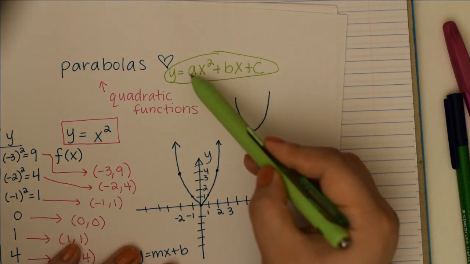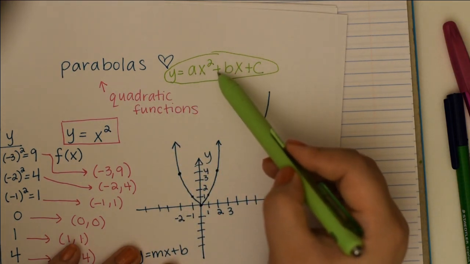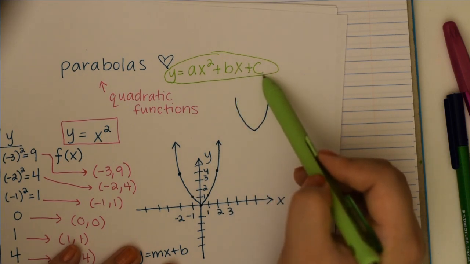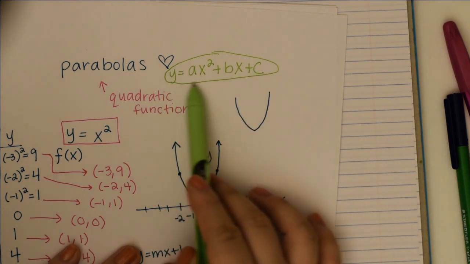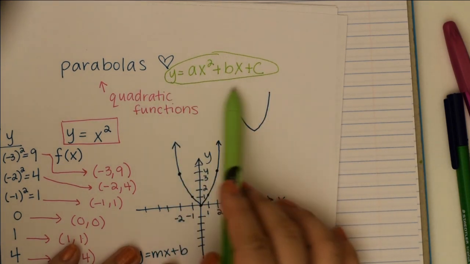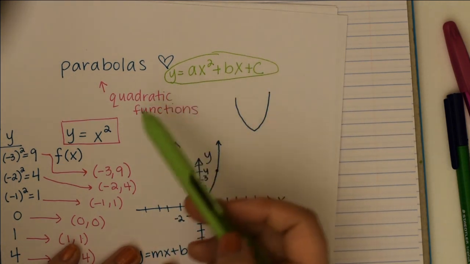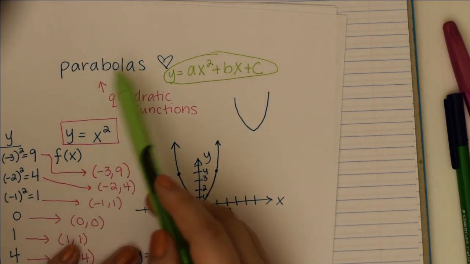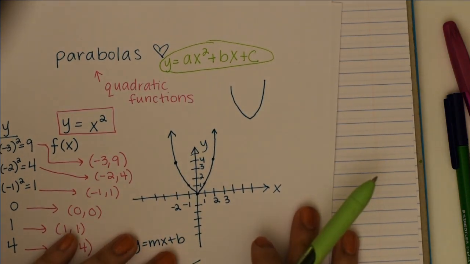And so you'll have something times x squared plus something times an x plus some other constant number. So this is the general equation for a quadratic function, and therefore the graph of these functions will look like parabolas.